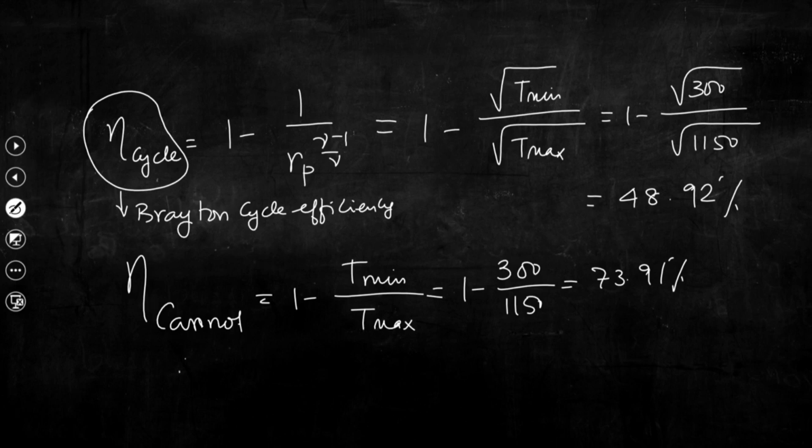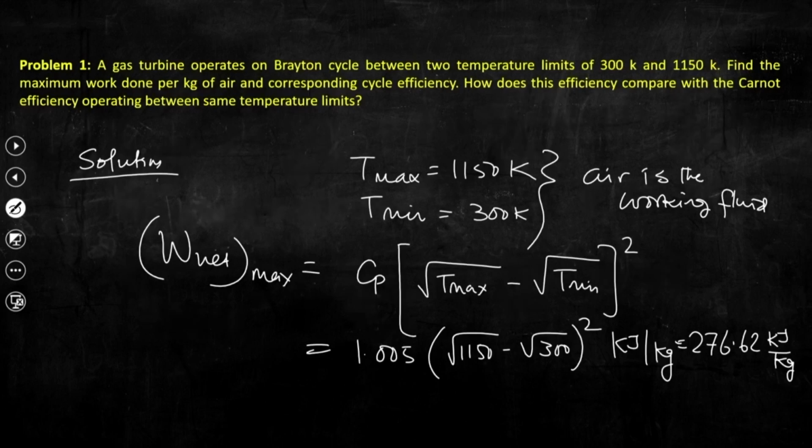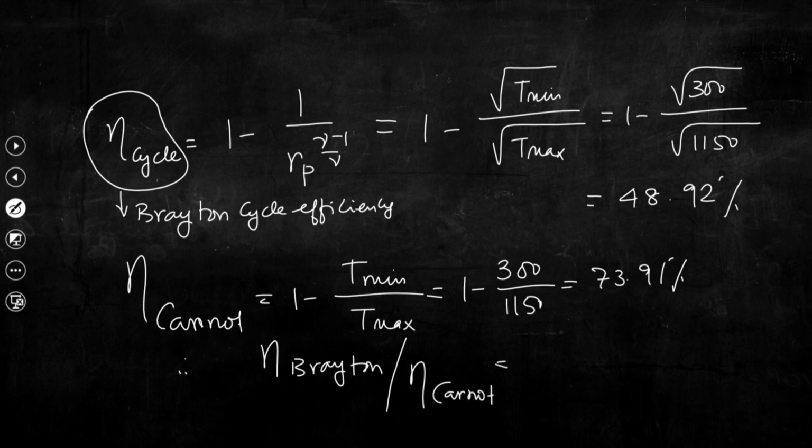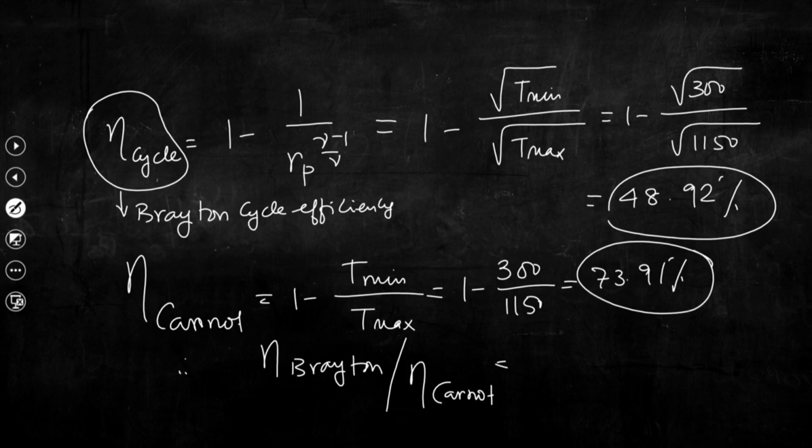Now, the last part of this question was, how does this efficiency compare with the Carnot efficiency operating between the same two temperature limits? That means we need to consider eta Brayton divided by eta Carnot, and that is equal to, as this is the Brayton cycle efficiency and that is the Carnot cycle efficiency, it should be certainly less than 1, and it is 0.66.